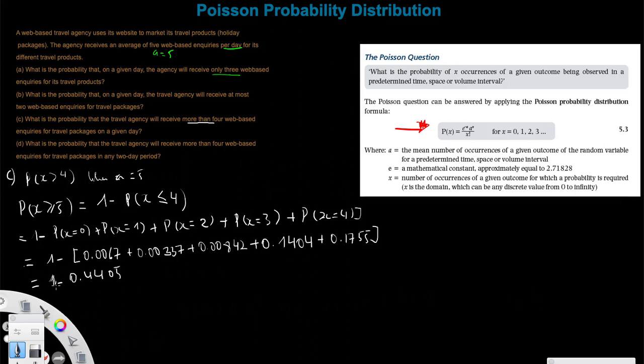Then 1 minus that is 0.5595. When I put it in percentage, I have 55.95%. So this means that we have a 55.95% chance that the travel agency will receive more than 4 web-based inquiries for the travel package on a given day when the average number of web-based inquiries is 5.